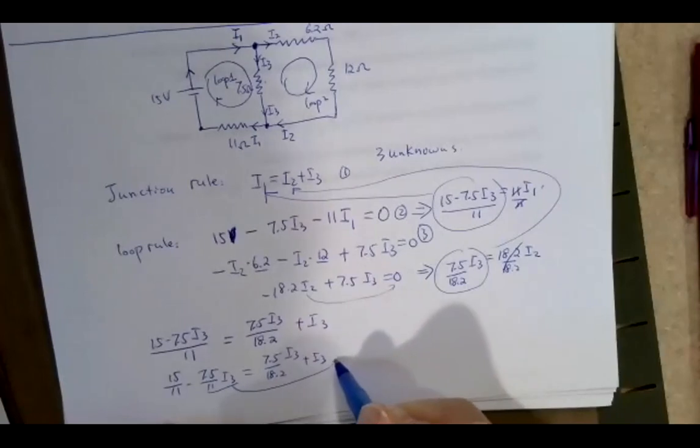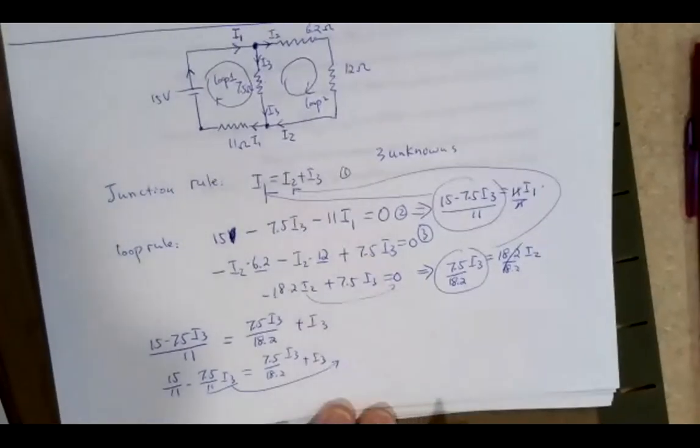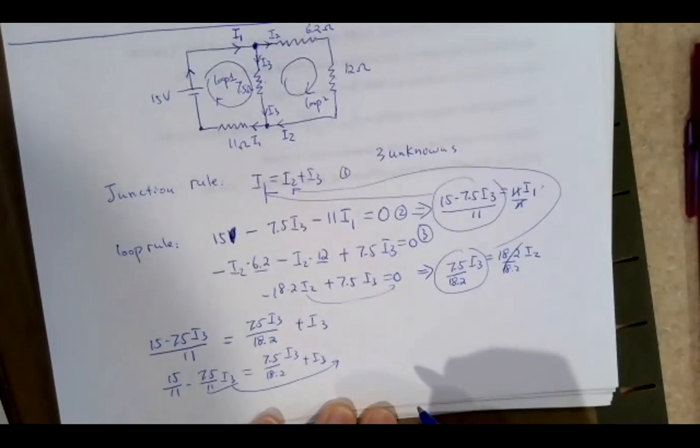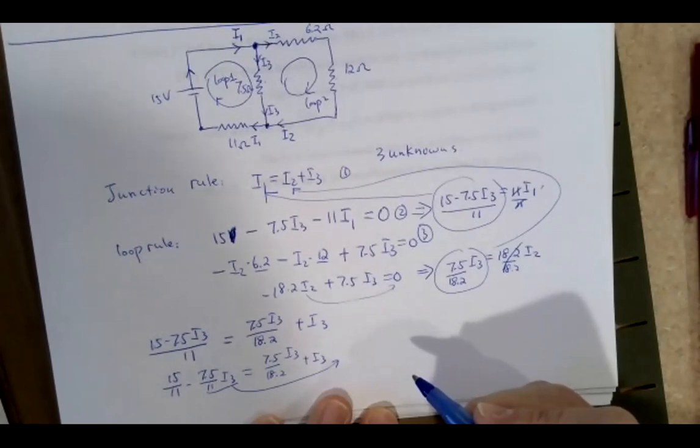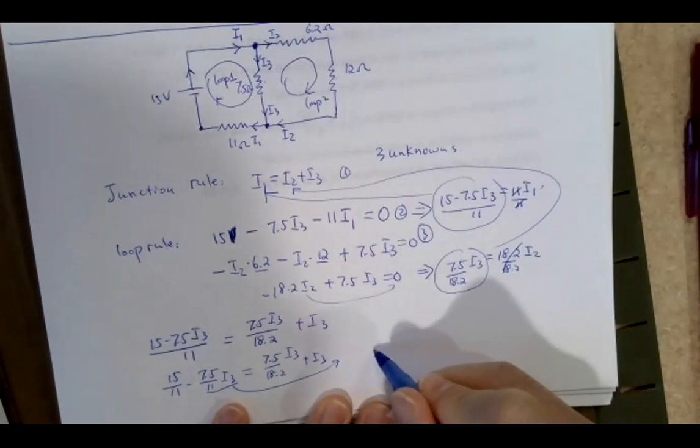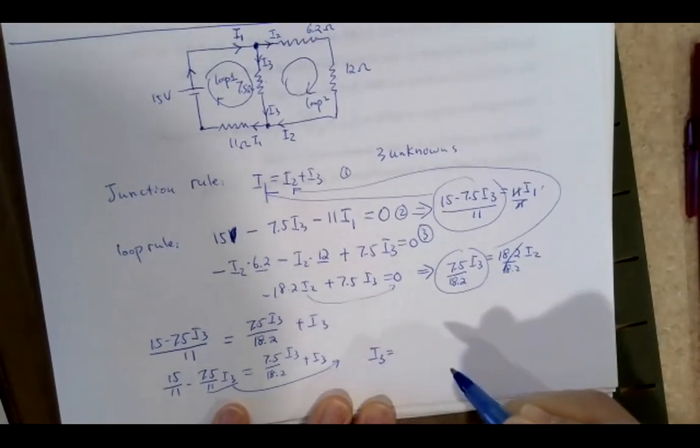So put this to the other side of the equation and then solve for your I3. It's just a couple of steps of algebra, but I'm just going to write down the final answer I got here.